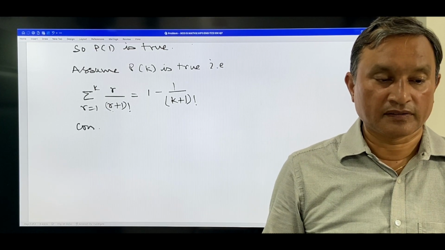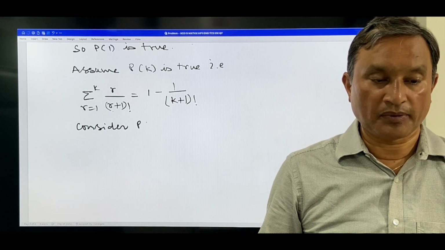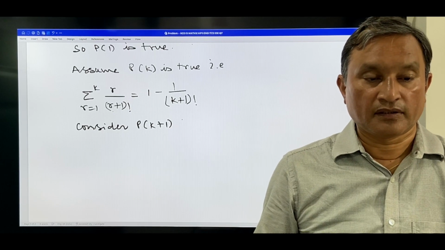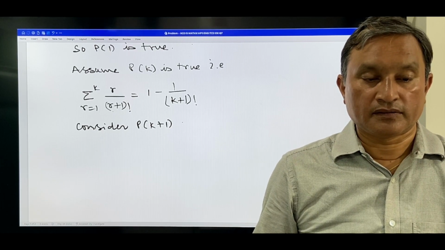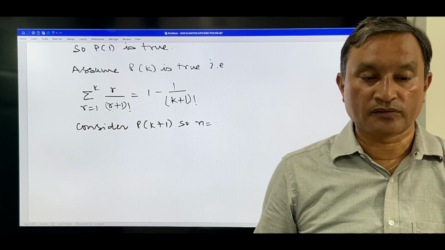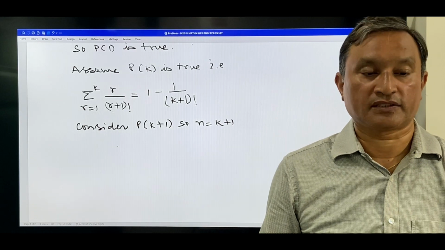Consider P(k plus 1). So here n equals k plus 1, we are substituting.